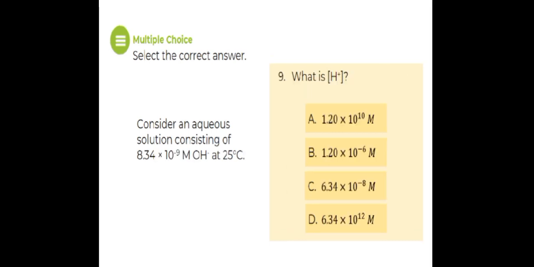Number 9. Consider an aqueous solution consisting of 8.34 times 10 raised to negative 9 molar hydroxide ion at 25 degrees Celsius. So, what is the hydrogen ion concentration? Is it A, B, C, or letter D?